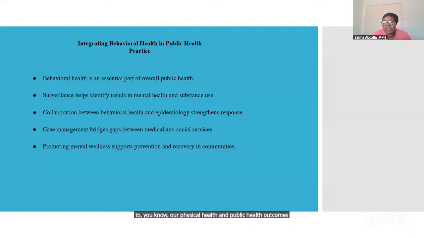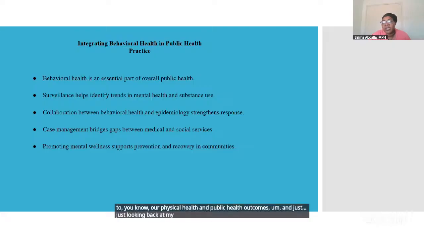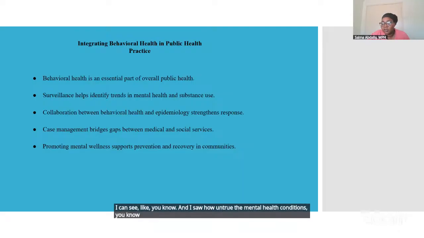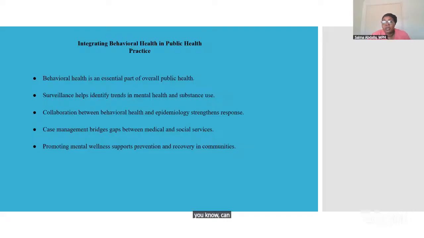Looking back at my experience as a case manager, I saw how untreated mental health conditions or substance use issues can complicate disease prevention and management. Through behavioral health surveillance, we can also identify emergent patterns.